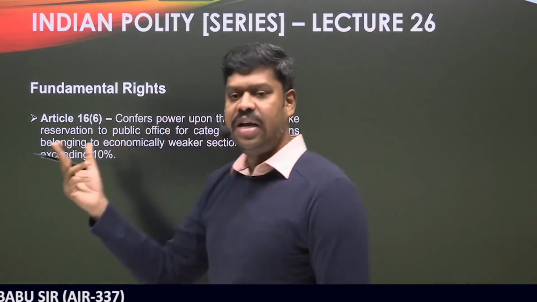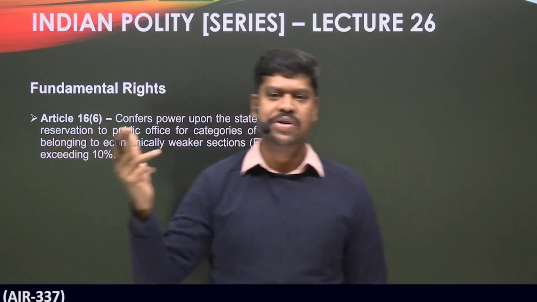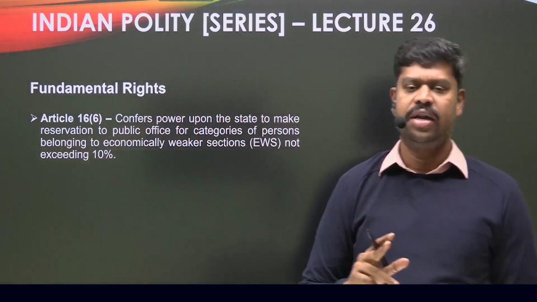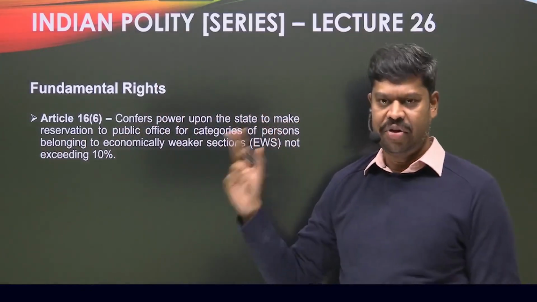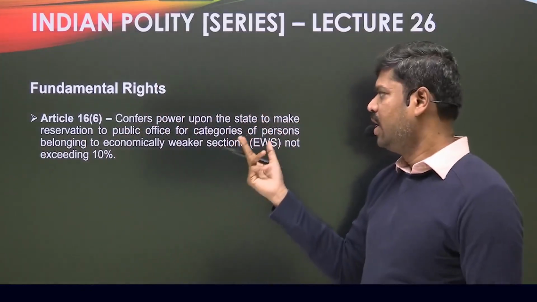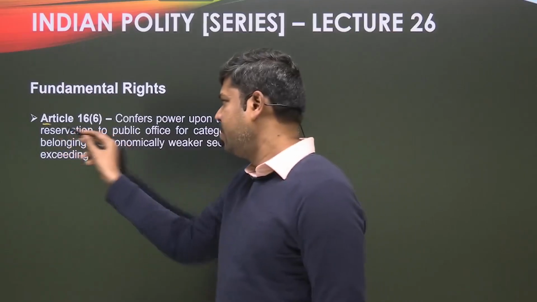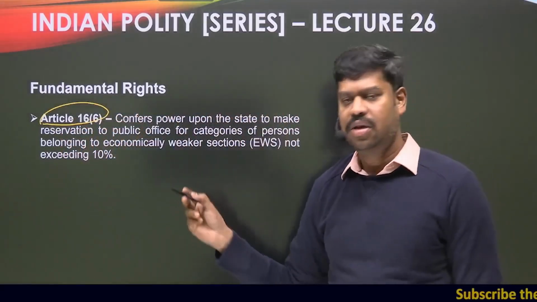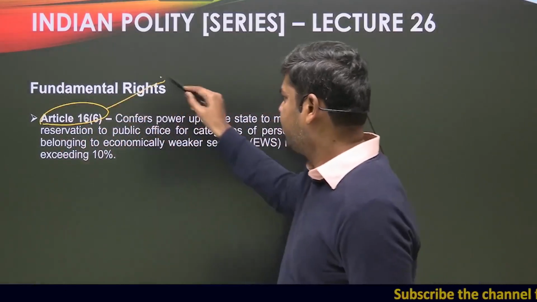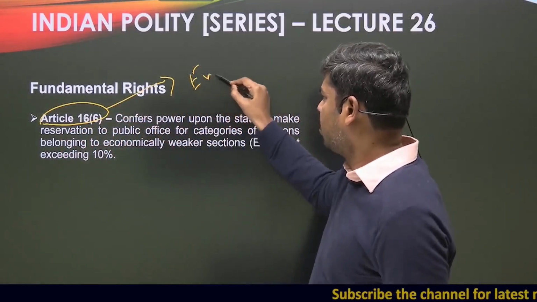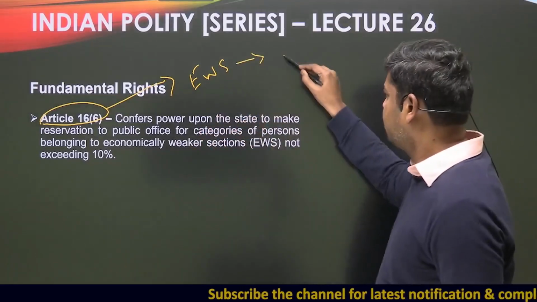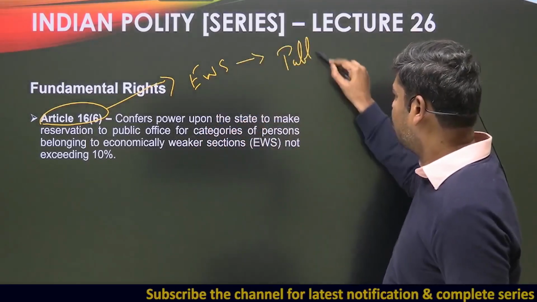Whatever we have seen in addition to Article 15 Clause 6, because the 103rd Constitutional Amendment Act in 2019 has not only amended Article 15, it has also amended Article 16. It has inserted Article 15 Clause 6 in Article 15 and Article 16 Clause 6 in Article 16, which basically provides for EWS reservation, but in public employment.